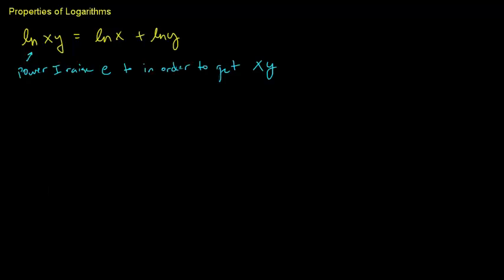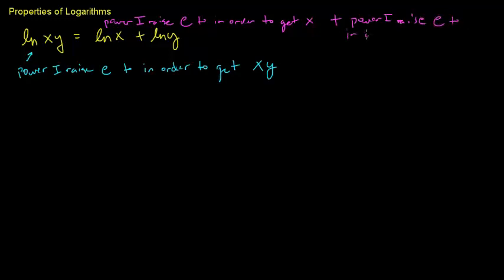And the right side of this equation is the power I raise e to in order to get x plus the power I raise e to in order to get y.